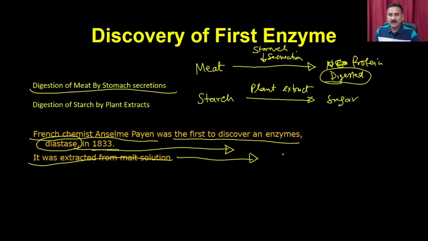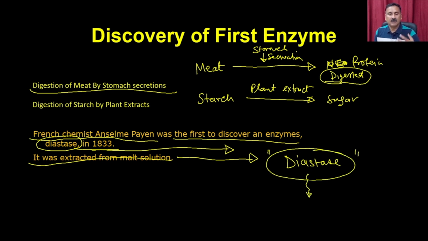So that is the first enzyme. The first enzyme which was isolated, or reported, is diastase, the digestive enzyme, and that started the branch of science called enzymology.